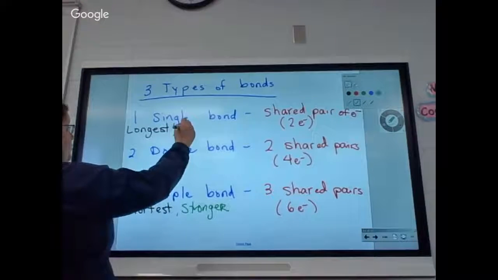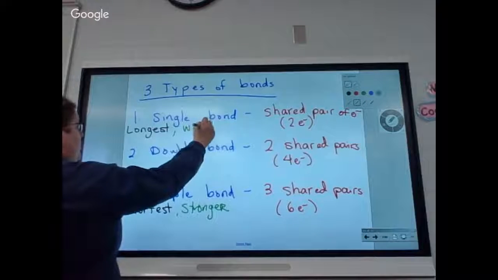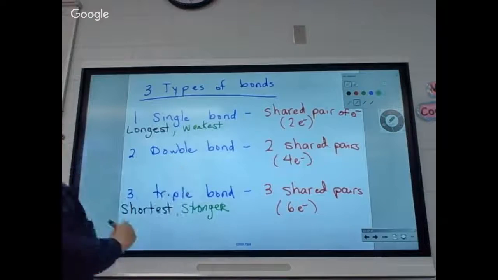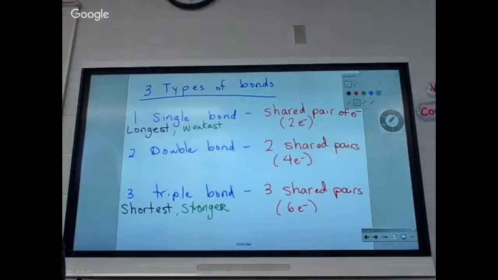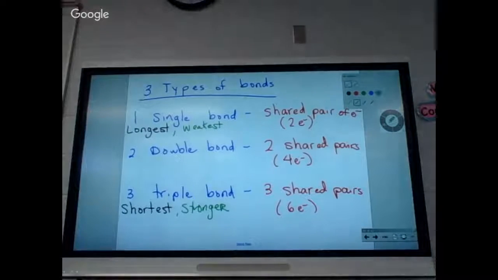That's right. This will be the weakest of the bonds. Okay? So what? 2, 4, 6, 8. We appreciate it. All right. Questions on the vocabulary? All right. We're all there?